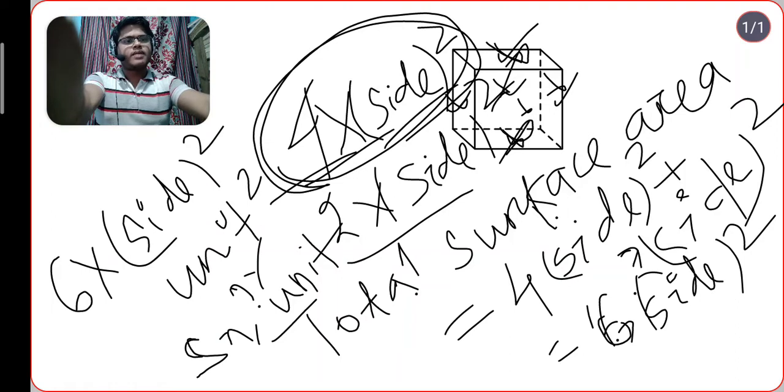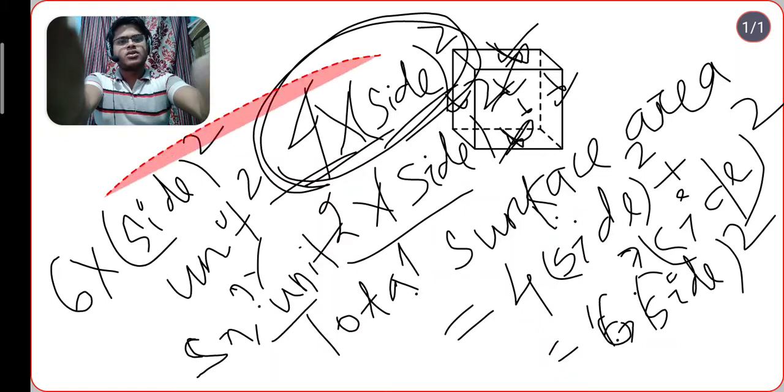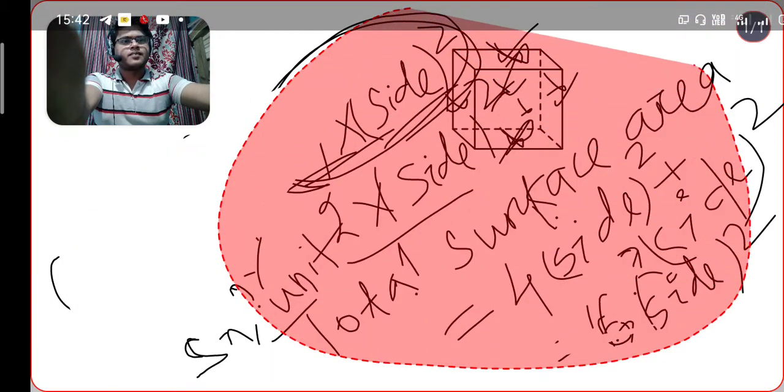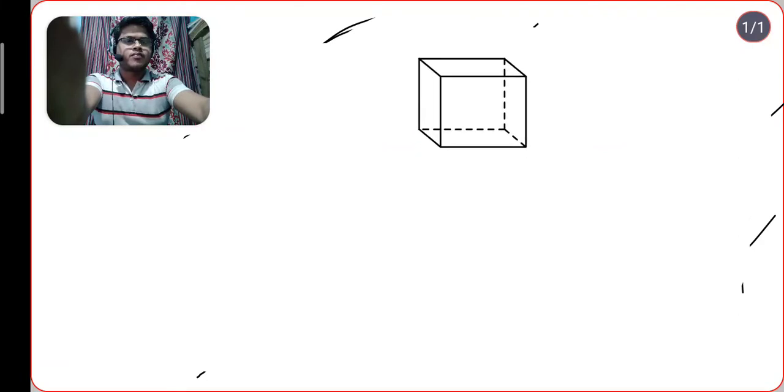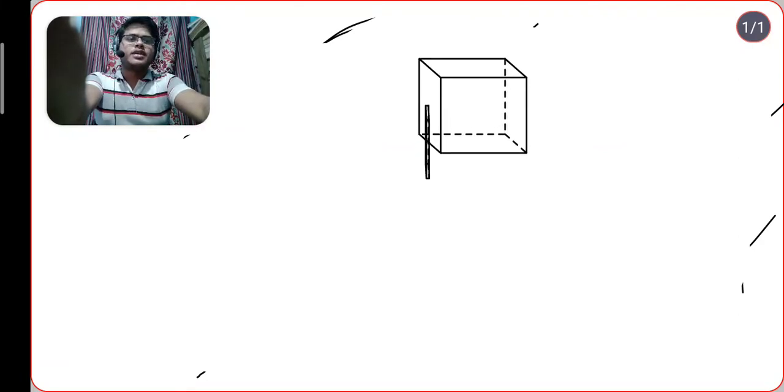Just like that, whenever we go for the lateral surface area, we have to focus on the sidewise manner. Let's draw the picture again. Four distinct figures are there, so on that basis we have to calculate the sidewise areas: 1, 2, 3 and 4. We have to cancel the top one and bottom one.